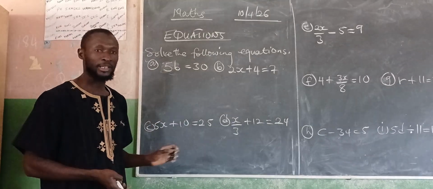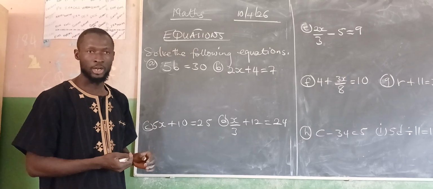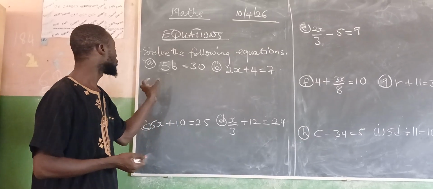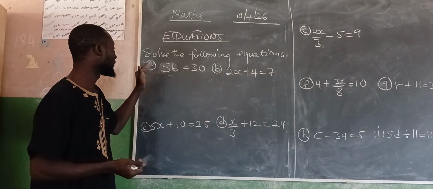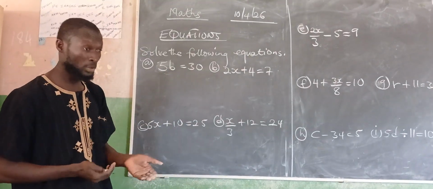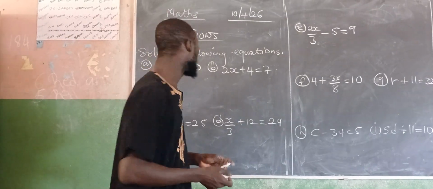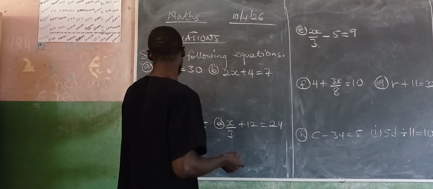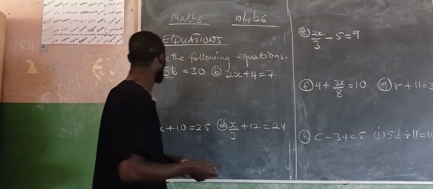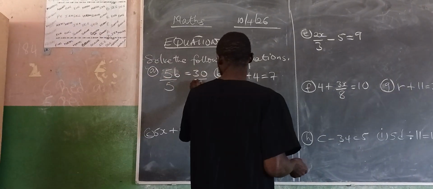Beside the unknown, there is a number. That number will help us to solve this. We'll use that number to divide both sides of the equation. If I say both sides of the equation, I mean the left hand side and the right hand side. So we'll divide by the number beside the unknown, which is 5. We'll divide here by 5, and we'll also divide this side by 5.